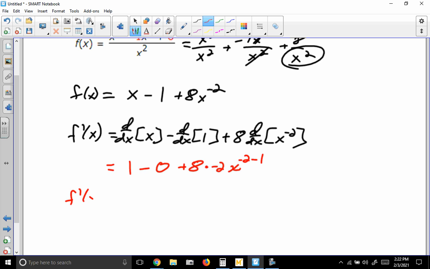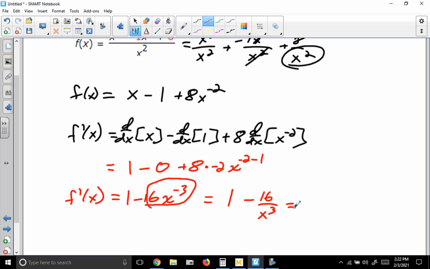So we're going to get that our derivative is 1. 8 times negative 2 is negative 16. Minus 2 minus 1 is negative 3. Remember, order of operations, we would have to multiply this before we subtract 1. So we're not going to do 1 minus 16. Now we can do 16 over x to the third. We could write it this way.